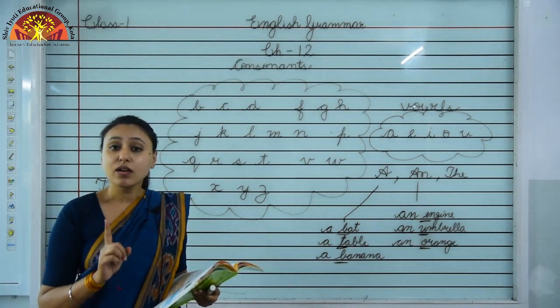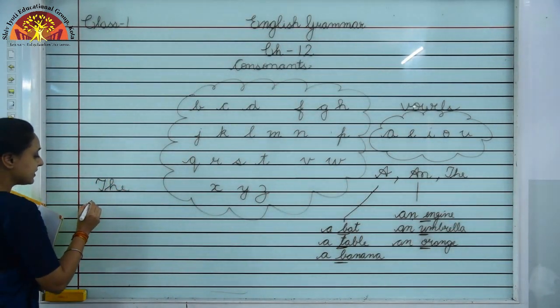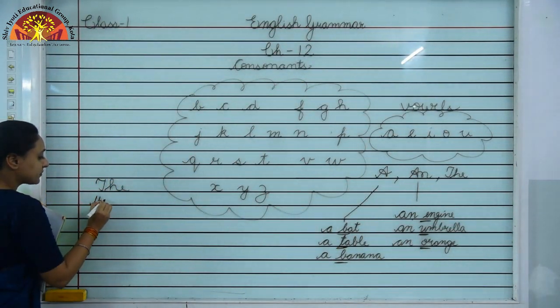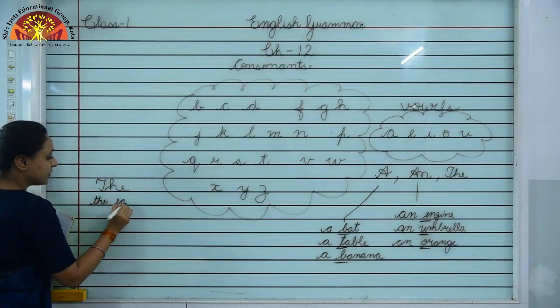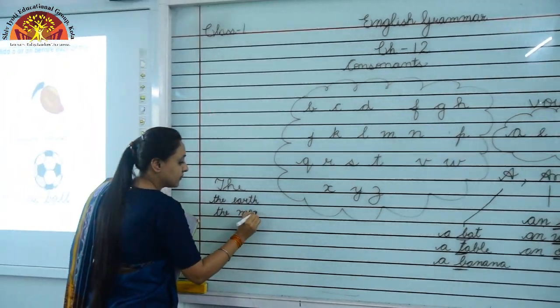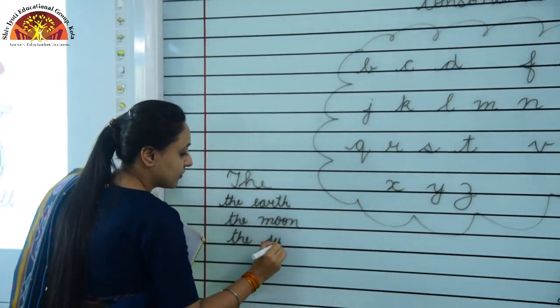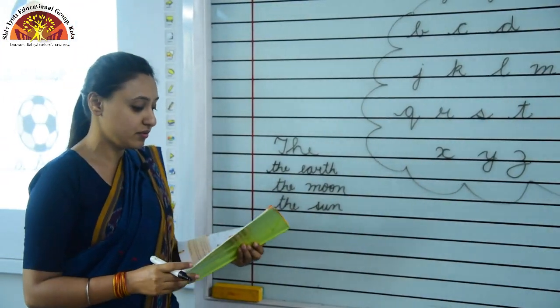These all are one in the world. So we use the before them. Let us see. The earth, the moon, the sun. Okay children, I hope this is clear to you.